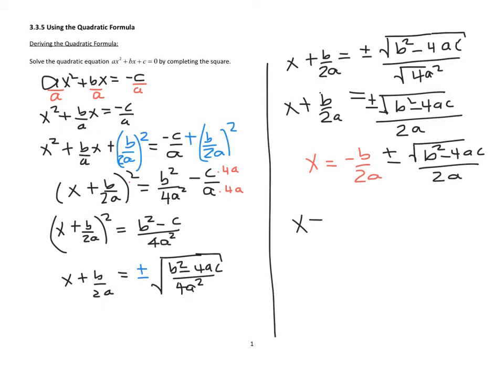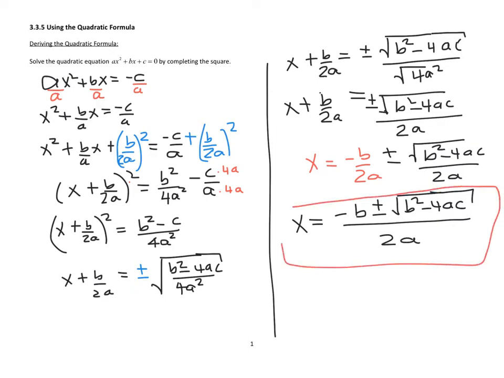So here my final answer becomes minus b plus or minus the square root of b squared minus 4ac, and everything is over 2a. And there is the quadratic formula.